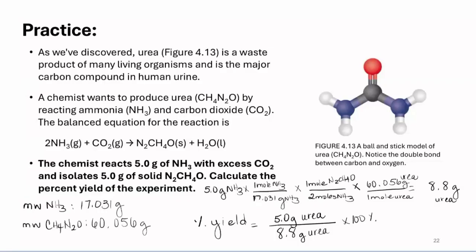So if we take 5.0 and divide it by 8.8, times 100%, and then we take that value and round it to 2 significant figures, we see that this chemist obtained a 57% yield.